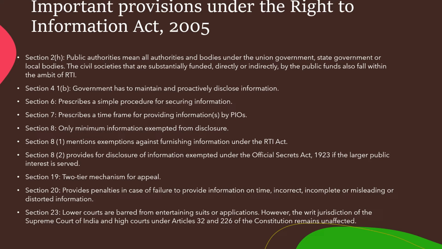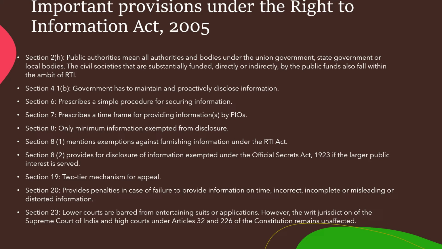Under Section 8, it is said that only minimum information is exempted from disclosure. We have seen that certain information which would affect the sovereignty and integrity of the nation is exempted from this act.